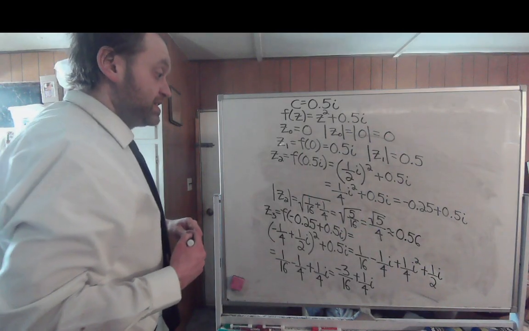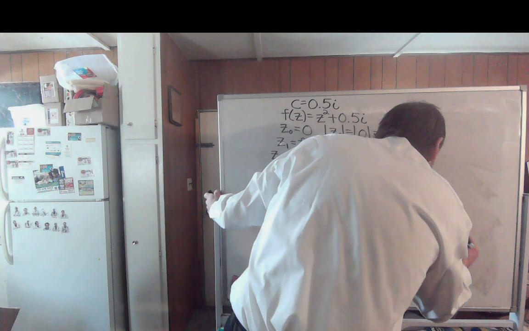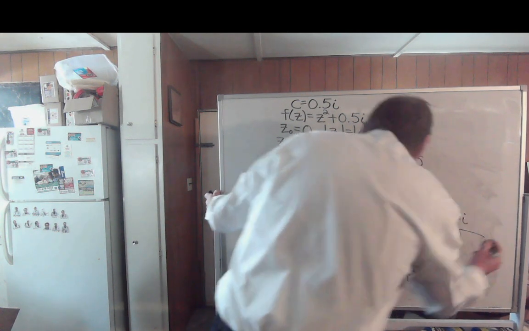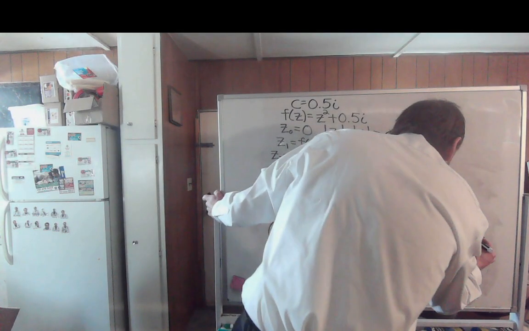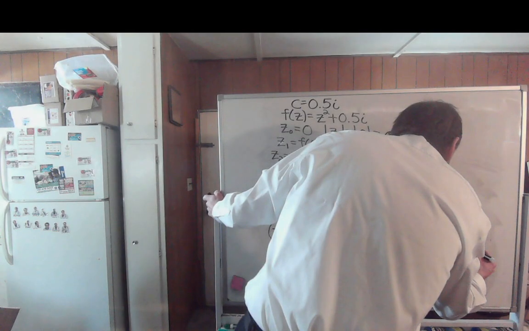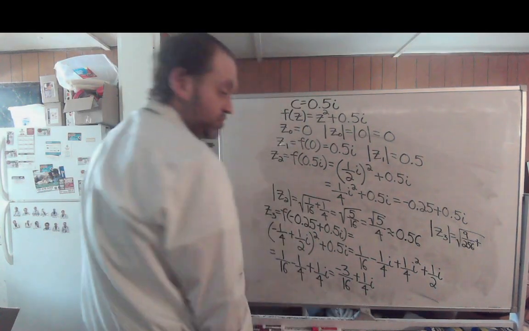Now let's find z sub 3. The absolute value of it, rather, is the square root of that negative 3/16 squared. That'd be 9/256 plus that b squared, which is 1/4 squared.